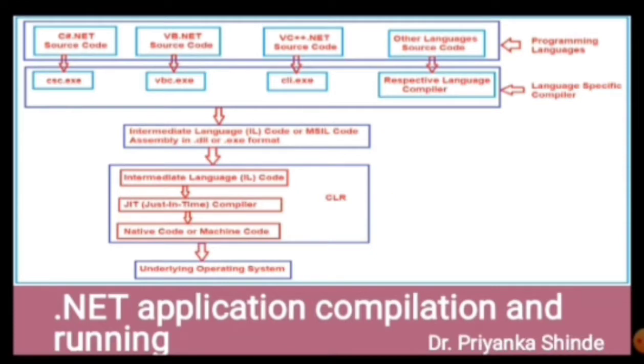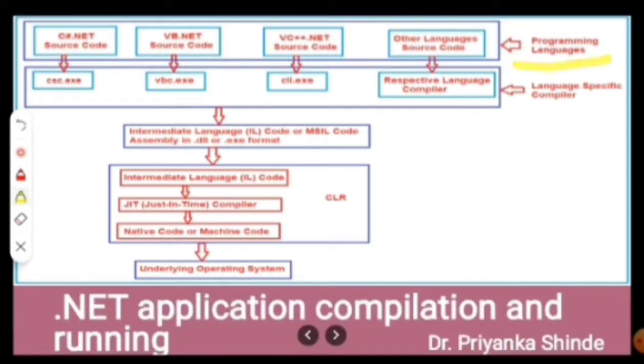Our next point is .NET application compilation and running. See in this figure how a .NET application is compiled and run. We can see here step by step how it takes place. First of all, the developer has to write the code.